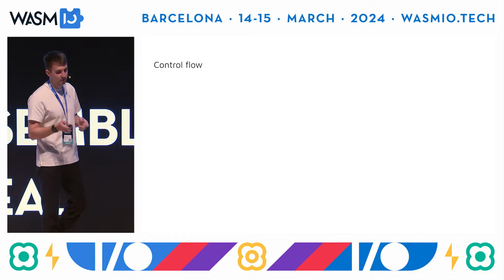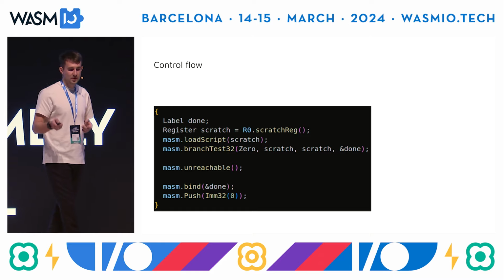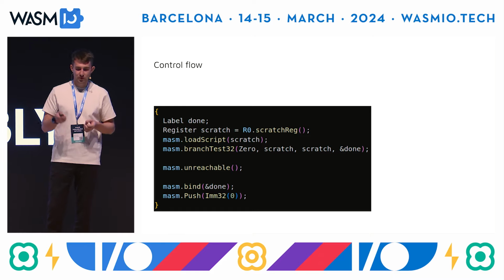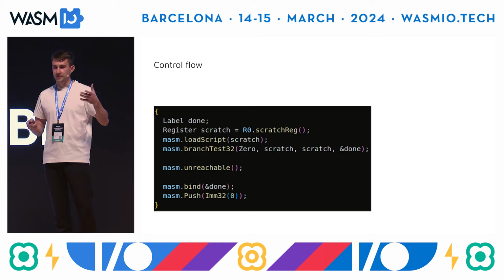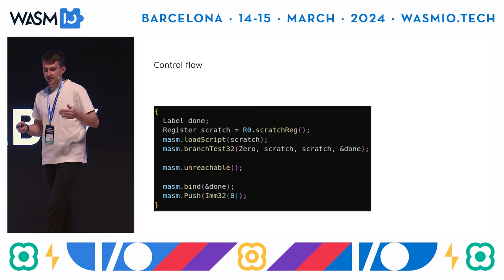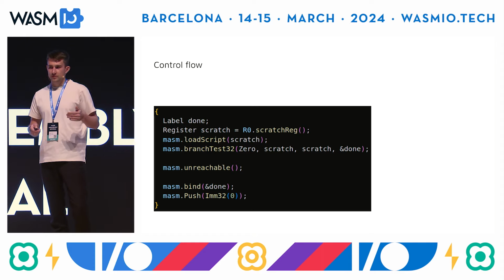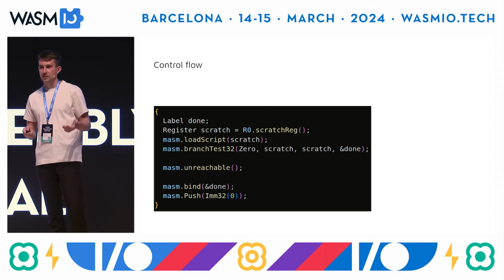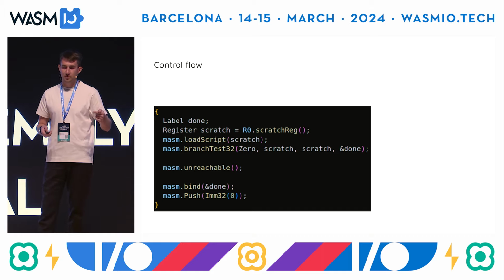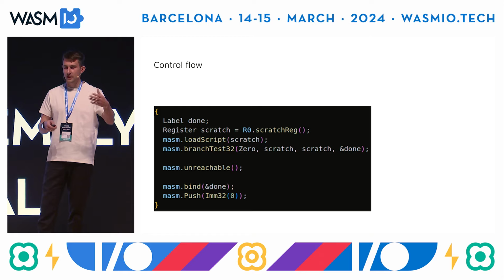Let's start with the control flow. This is a piece of macroassembler code, and if you are familiar with assembler, you can see that it's possible to use label information and reconstruct the control flow graph from it. Each time you jump to a label, you create a basic block.